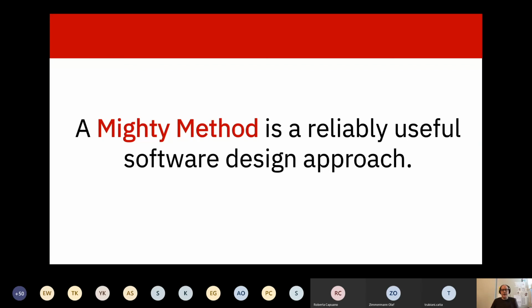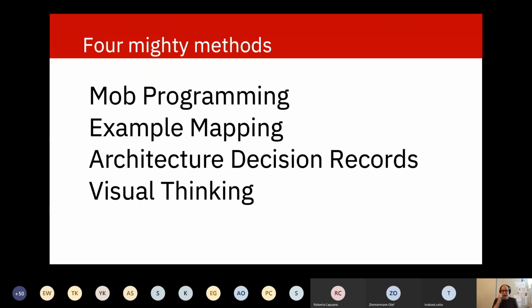All right, over the past several years, I've seen, I think, about 4 of these. Mob programming, example mapping, architecture decision records, or ADRs for short, and visual thinking. So we're going to walk through why these things work, and I'm going to share examples from each of them.